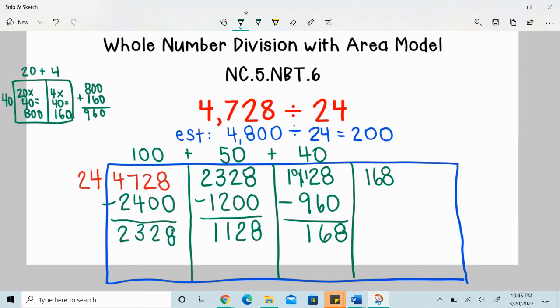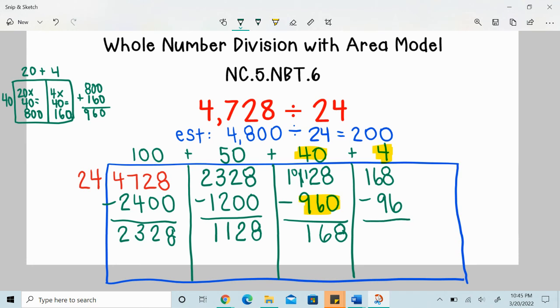So I think I could try 24 times 4, which would give me 96. And that also makes sense because I just saw that 24 times 40 gave me 960. And I know that 4 is 10 times smaller than 40. So I would expect the product of 24 and 4 to be 10 times smaller and just be 96.